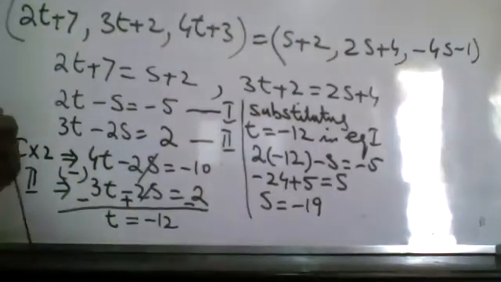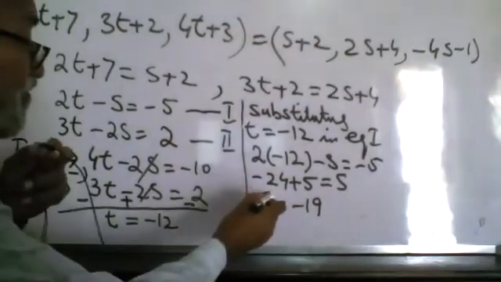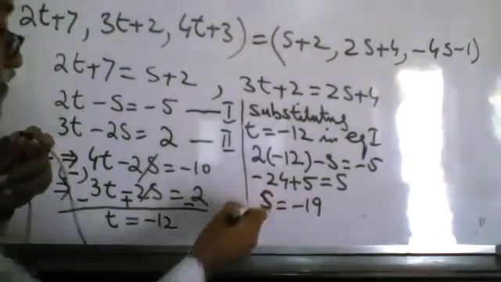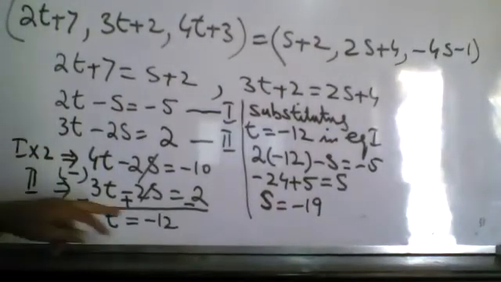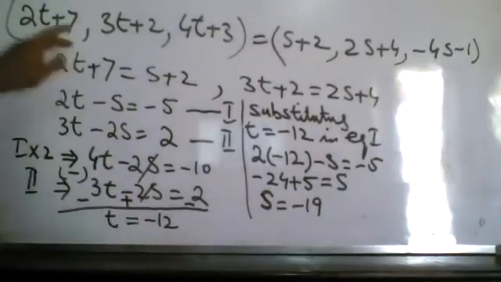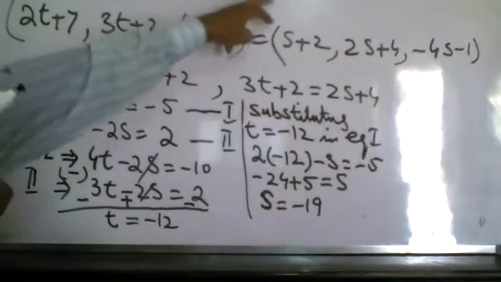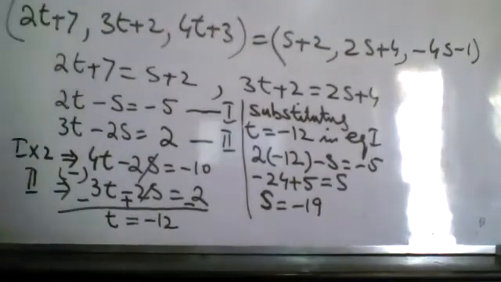This is the value of s, this is the value of t. By putting the value of t, minus 12, in this point, we will get the XYZ, the point of intersection.